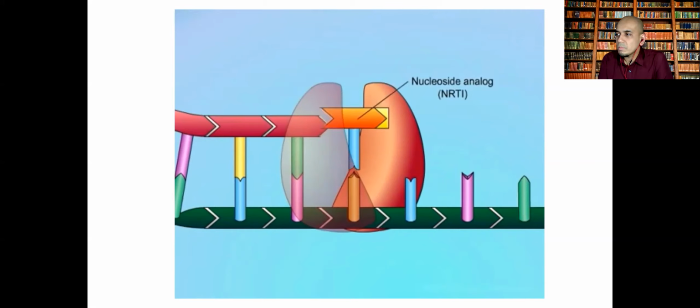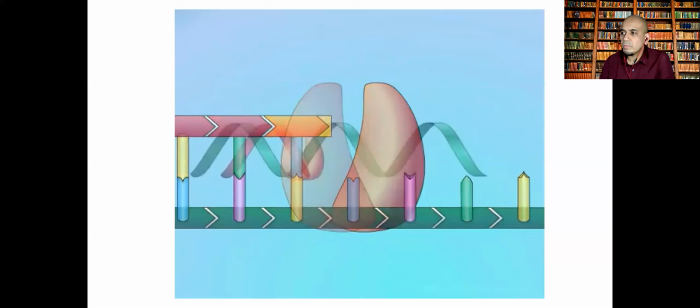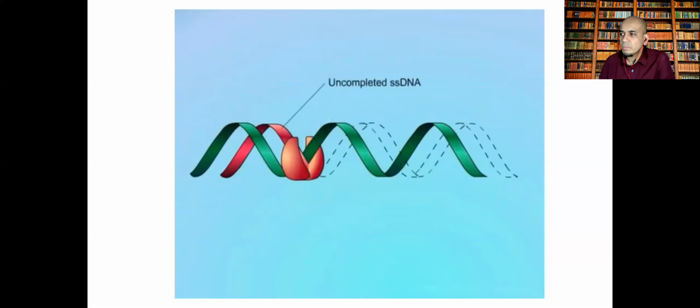The reverse transcriptase enzyme embeds the NRTI nucleoside analog or inhibitor into the synthesized molecule of DNA. As a consequence, natural nucleosides can no longer be added to the growing viral DNA chain, which is thereby terminated. Hence, this process is called chain termination. Consequently, the completion of reverse transcription cannot take place. Hence, the HIV DNA is not fully formed and cannot be incorporated into the DNA of the host cell.